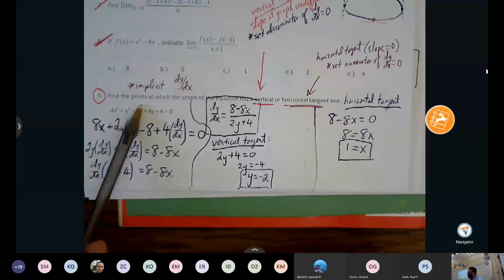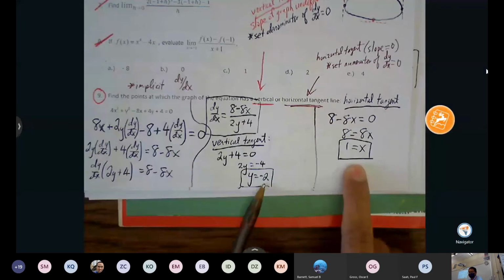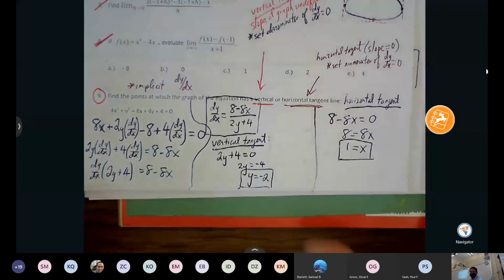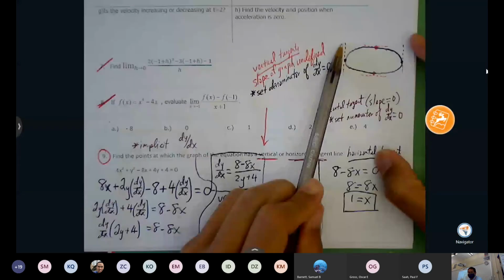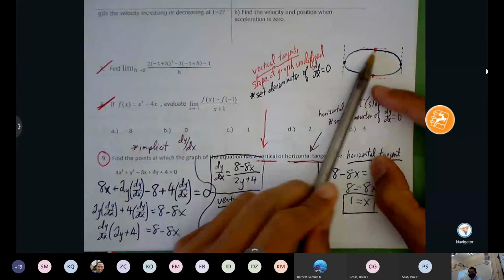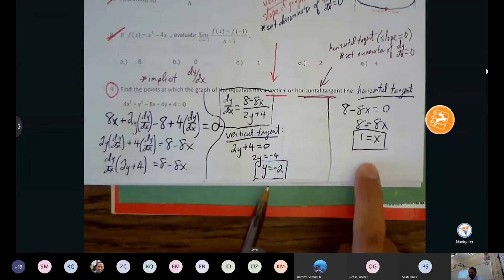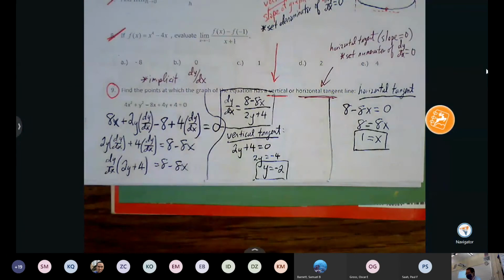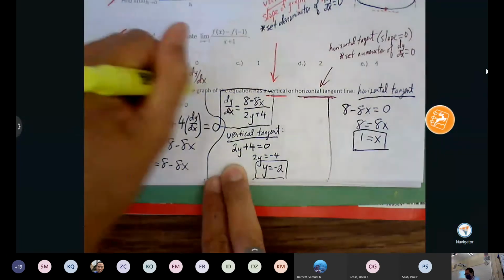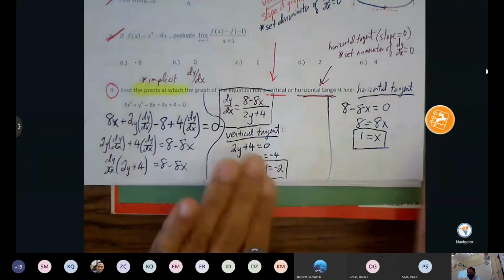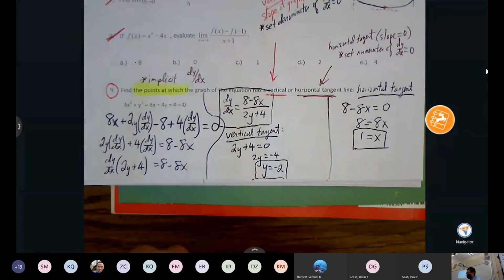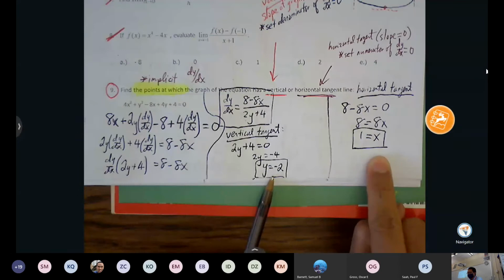This says find the points, right? We can't just say 1 and -2 and call that the point, right? There's a lot more than that, right? There's 2 vertical tangents, and we have 2 horizontal tangents. So how do you think we can find the locations? Because it's asking for the point, so we want to find the physical location. Because right now we only have just a piece of the information. Do we have anything available to help us find those locations?